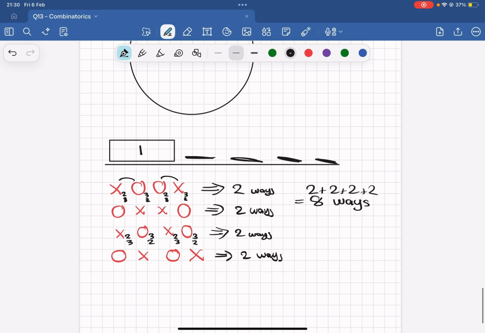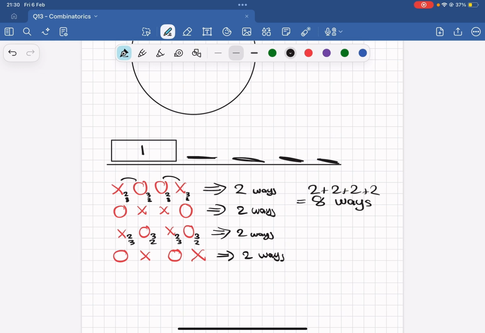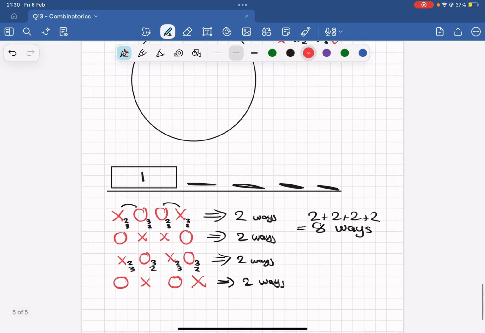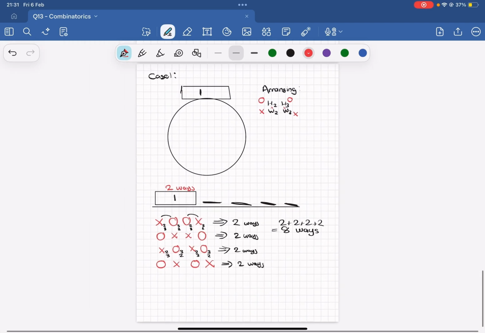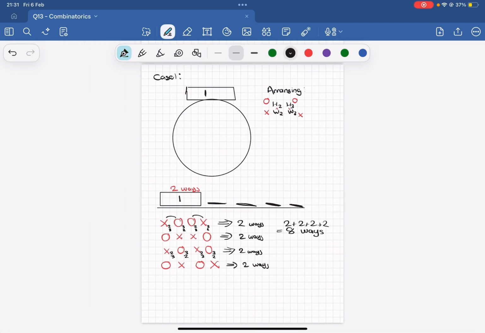Now remember, since we have got a pair, we have to always count the arrangements within the pair. So husband 1, wife 1, or wife 1, husband 1, so that's 2 ways. And now we've got all the information for case 1.